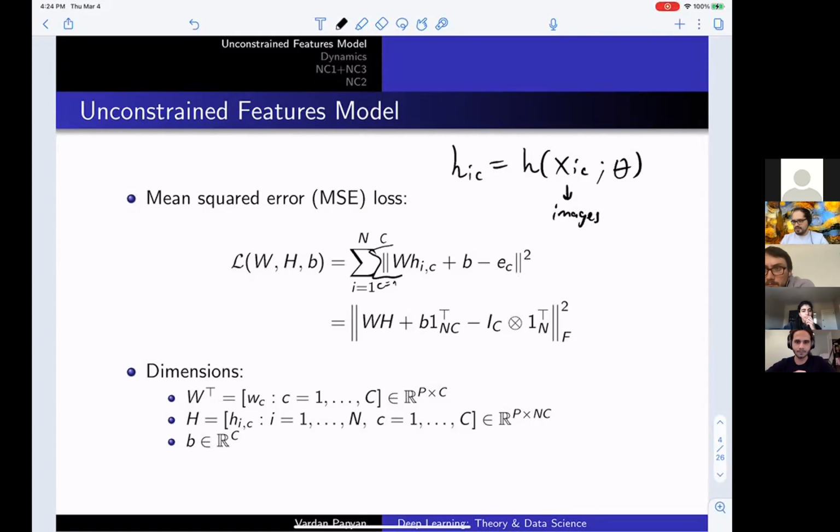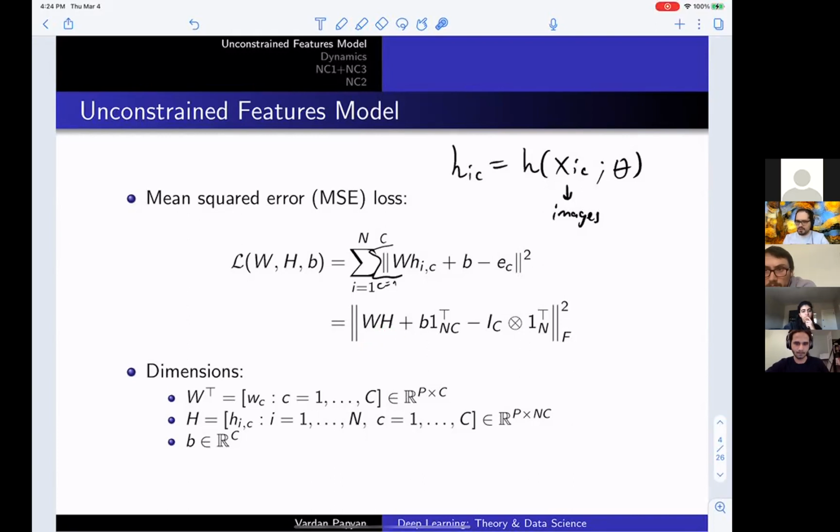And you can write these MSE laws in a fancier way as W multiplied by H, where H is a matrix of features, minus an identity Kronecker 1 transpose. So W here is a matrix which contains in its rows the different classifiers W_C.